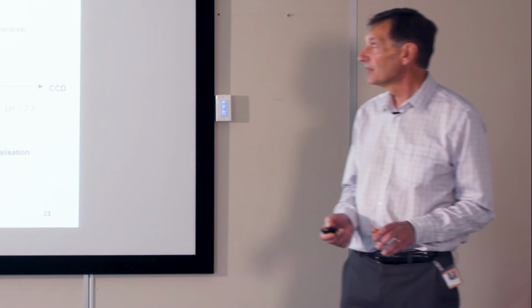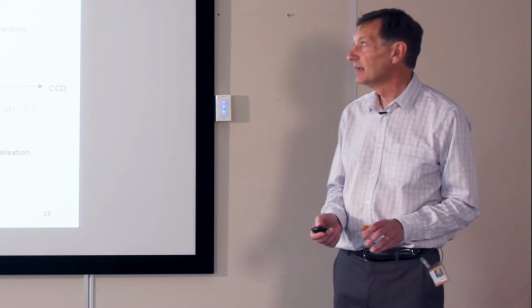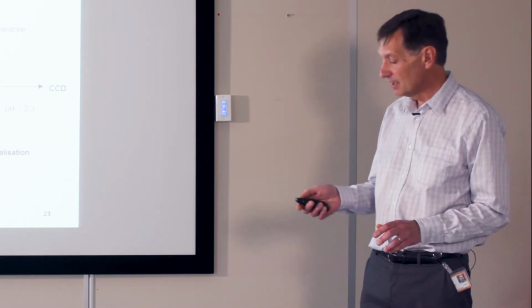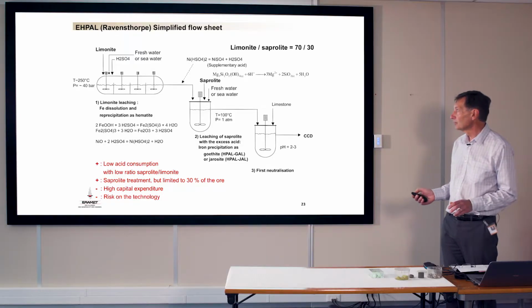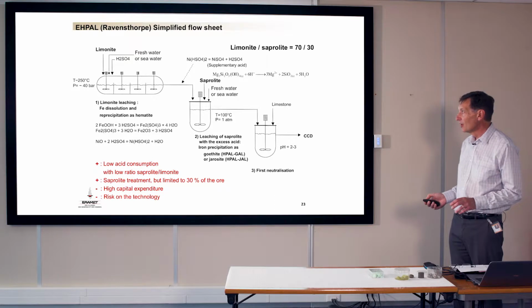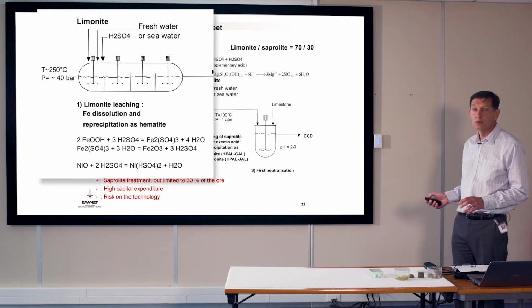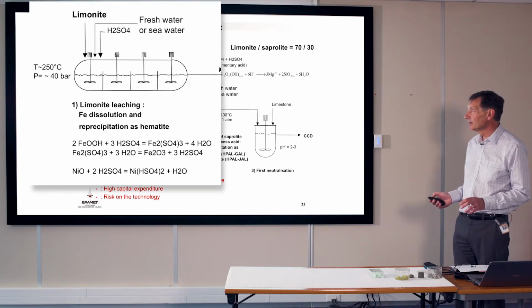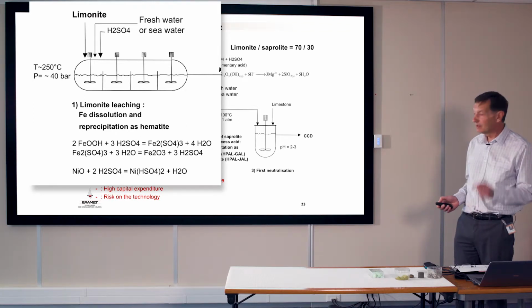Another flow sheet, the EPAL, enhanced high pressure acid leaching. The flow sheet was used at Ravensthorpe in Australia with 2 parts. First, the classical one with the autoclave, dissolution of the limonite with sulfuric acid.